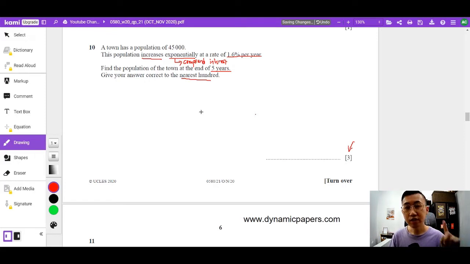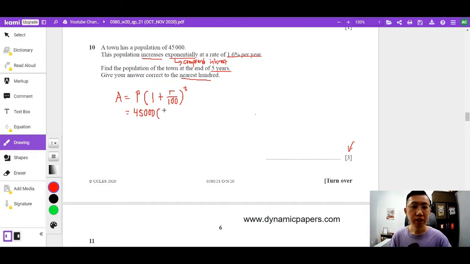Let us start. First step is to always write the compound interest formula. A equals principal times (1 plus interest rate over 100) to the power of t. So we are going to find A after 5 years. Principal means your starting value. You are starting with your 45,000 population.